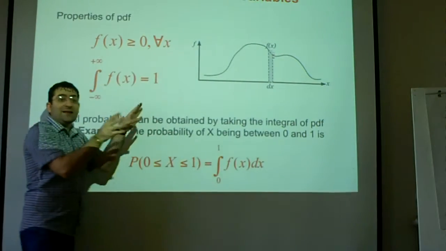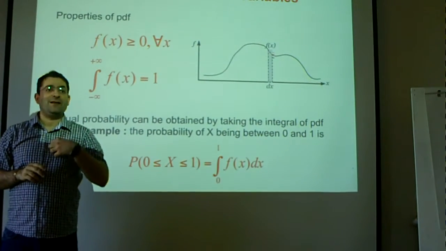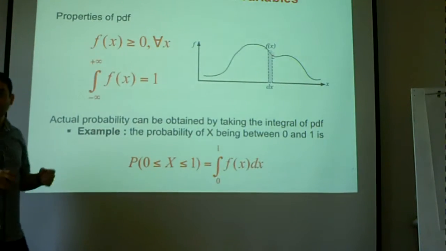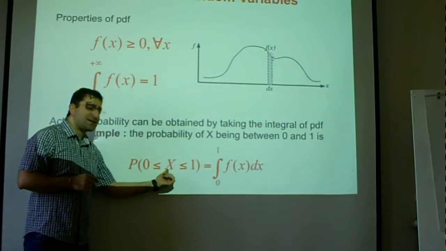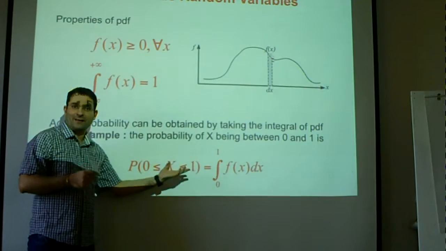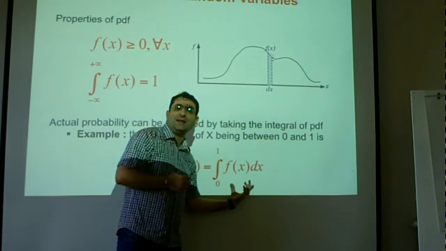No, the probability density function, PDF, will help us to calculate the probability. How it helps us to calculate the probability is in this form. If you want to see what is the probability of a variable x, you simply go and calculate the integral.